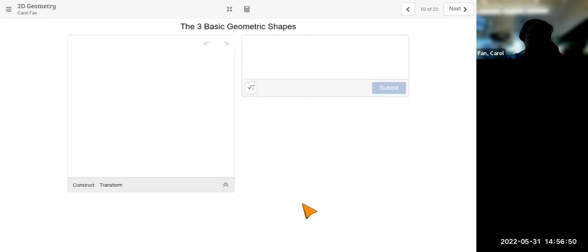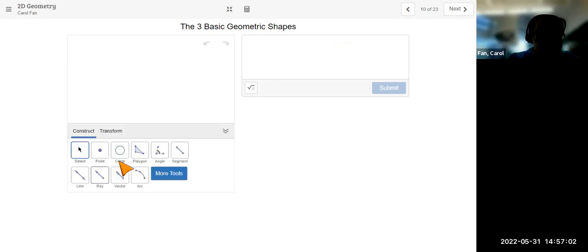Okay, let's very quickly talk about our 3 basic geometric shapes. We have our circle. Let's use this. For a circle, you pull up the little toolbar on the bottom and you're able to draw a circle.